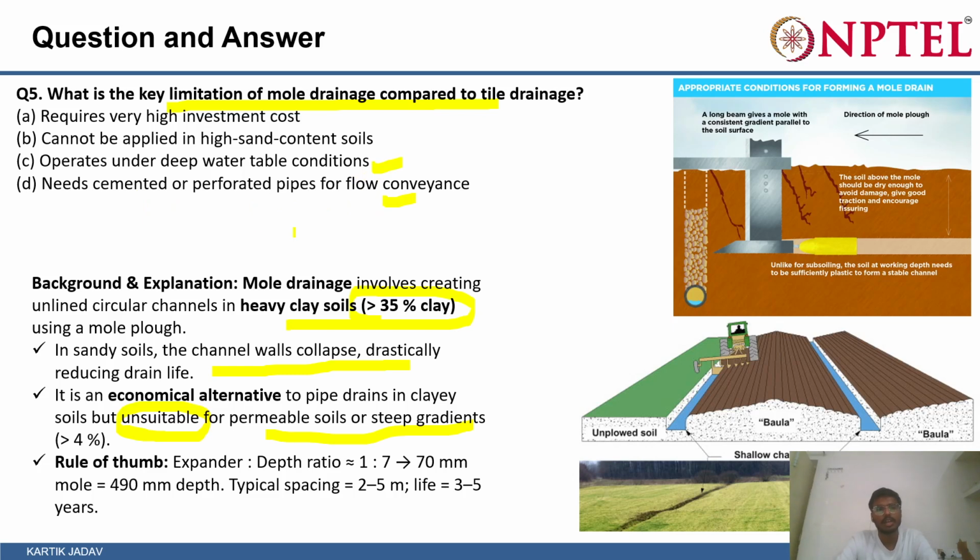Some of these are correct, but option B is the major limitation of the mole drainage system as compared to tiles: it cannot be applied in high sand content soil. The correct answer is option B.